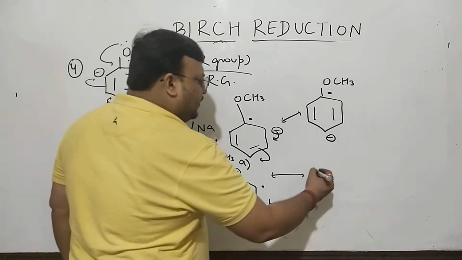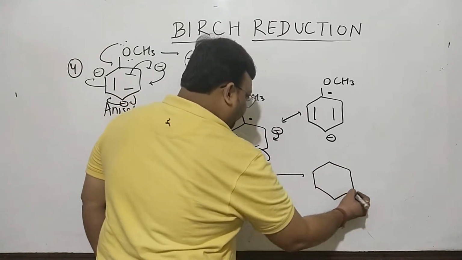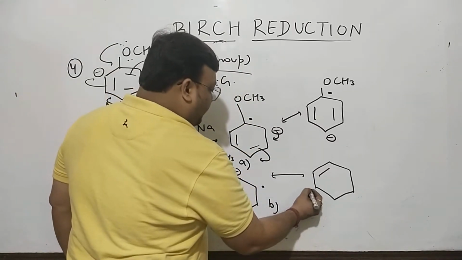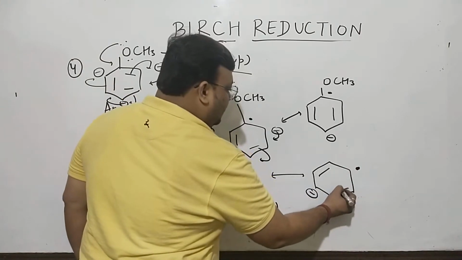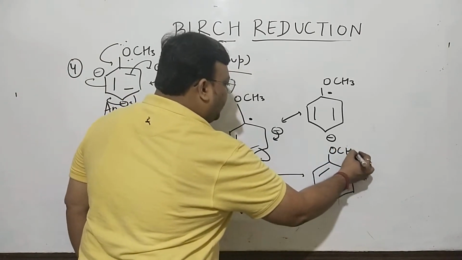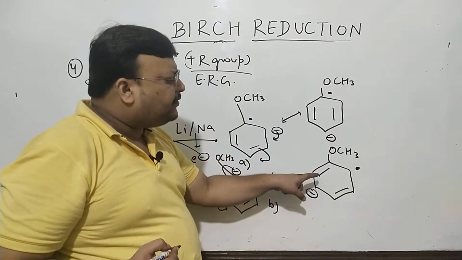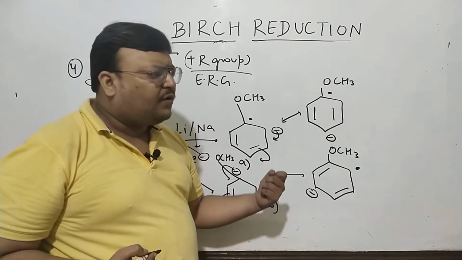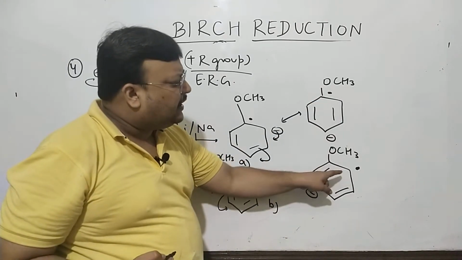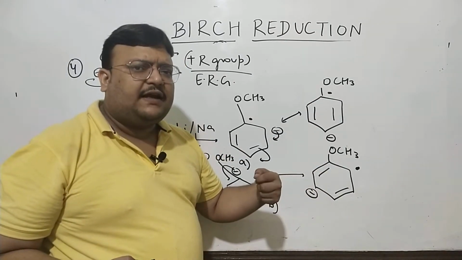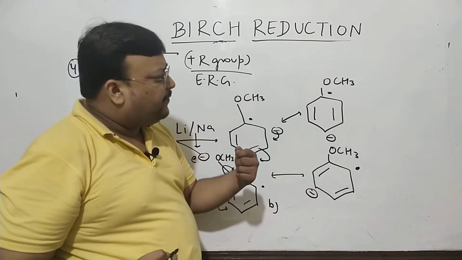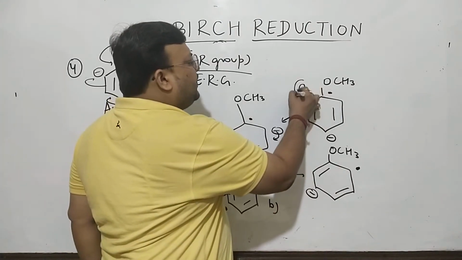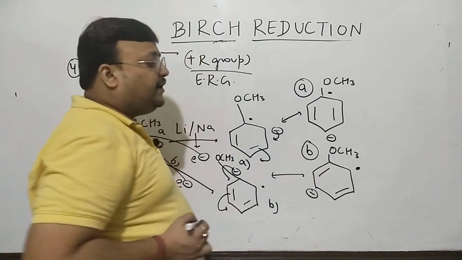It will look like the following: a pi bond here, a lone pair here, negative. It is either this intermediate or this intermediate which will mature to the final product. So you have to choose between this, when possibility A is happening, and this, when possibility B is happening.